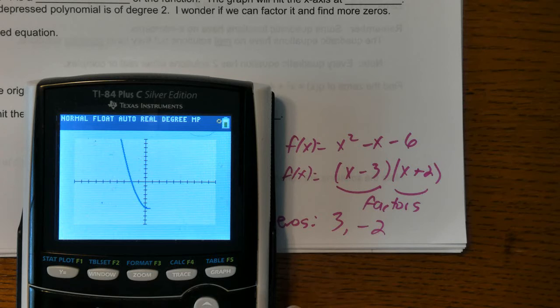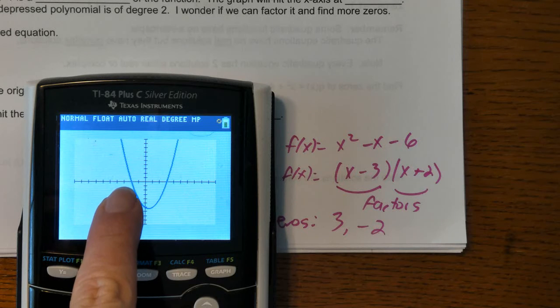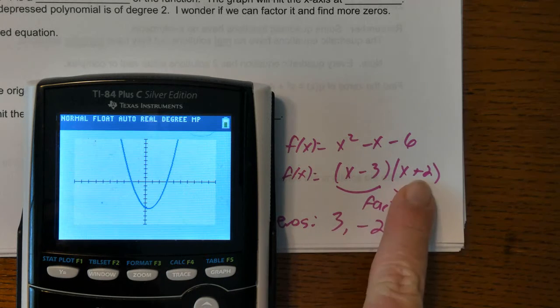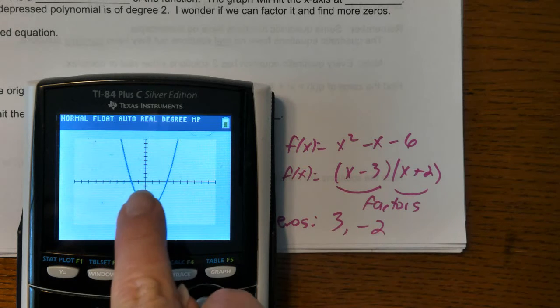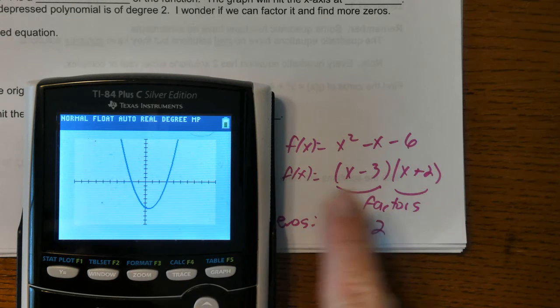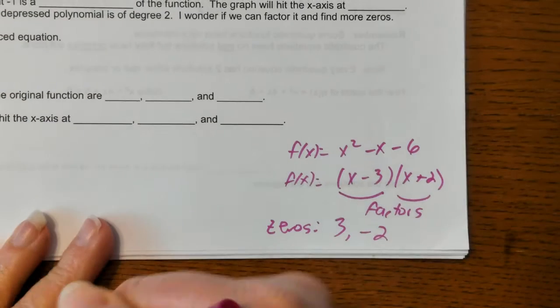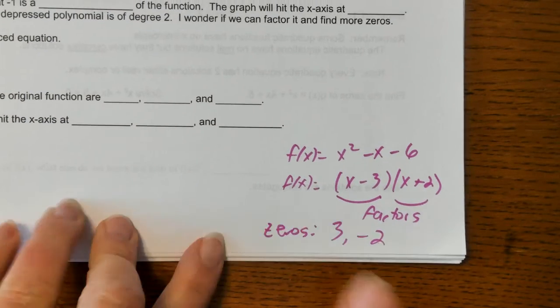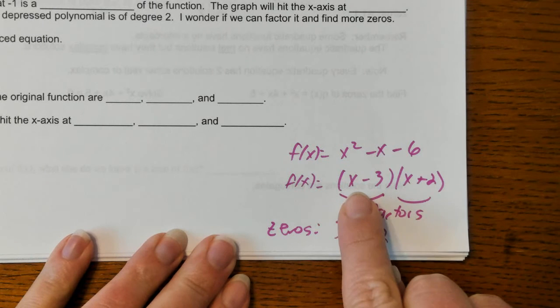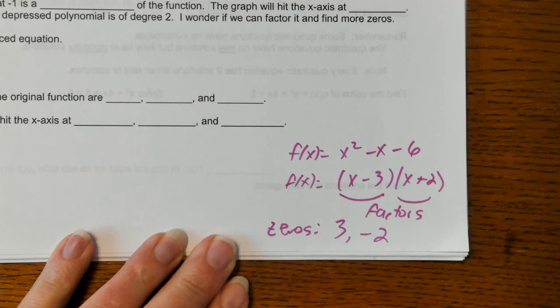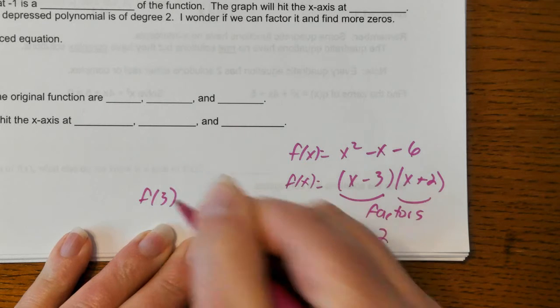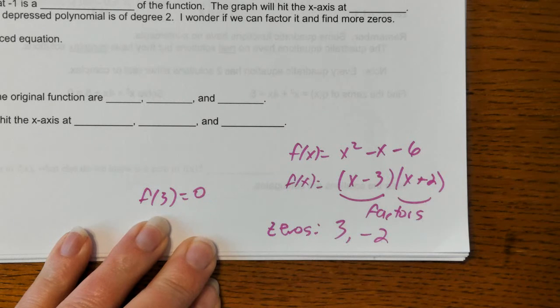Sure enough, it hits the x-axis at negative 2, which came from the factor x plus 2, and it hits the x-axis at positive 3, which came from the factor x minus 3. Now notice, if 3 is a zero, x minus 3 is a factor, which means f of 3 should equal 0.